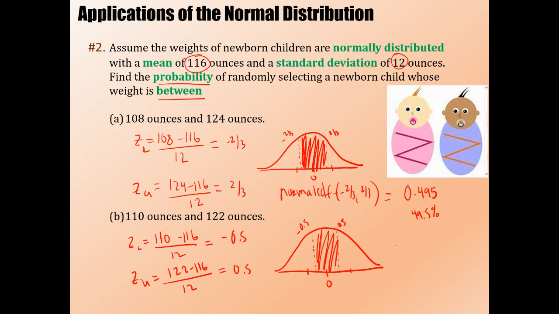Finding that area, I've got normal CDF of negative 0.5 to 0.5, which gives me, it should be a little bit less than this, less than 50%. Like 38.3%, 0.3829, right? 38.29%.